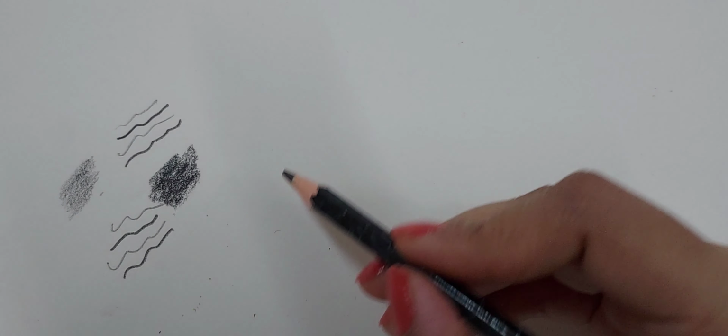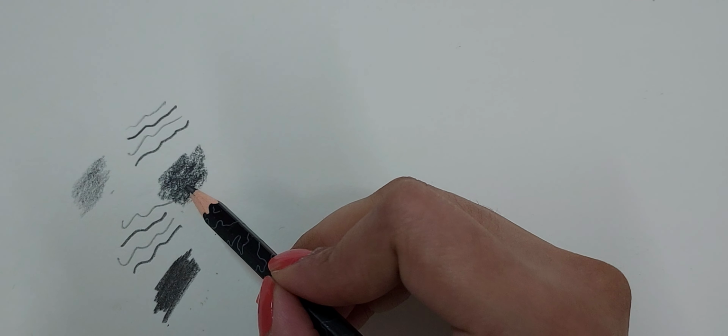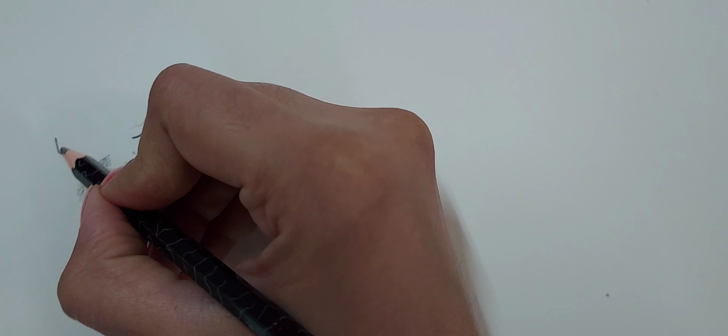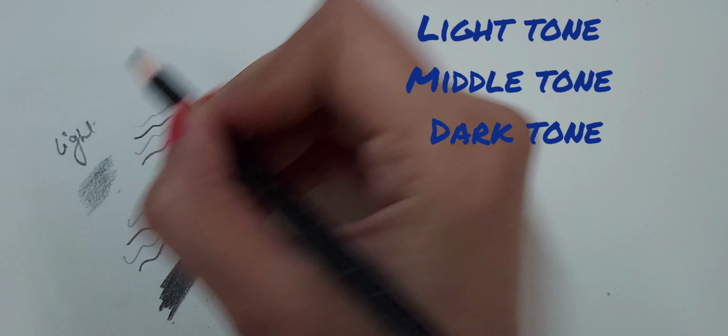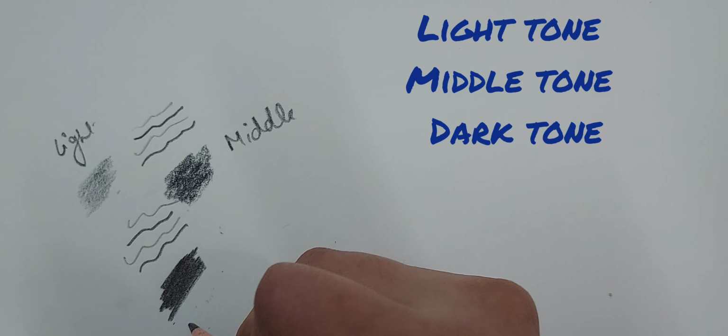Now the 6B. Now you can see the light tone. Let us write light, middle and dark.